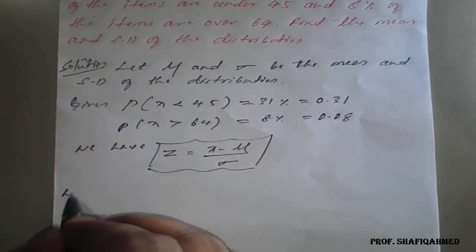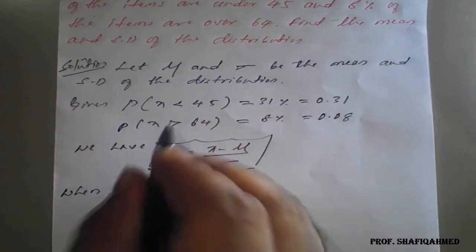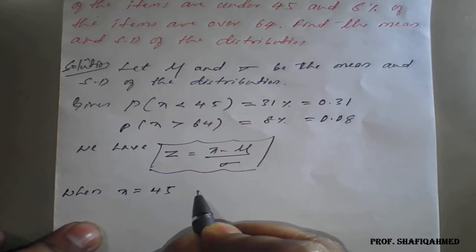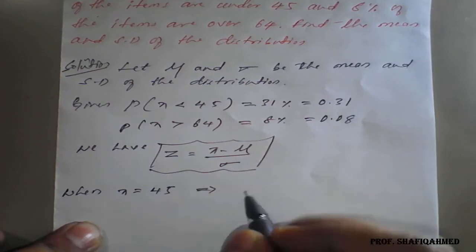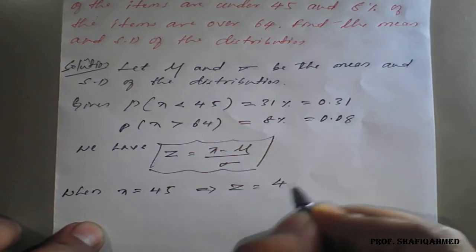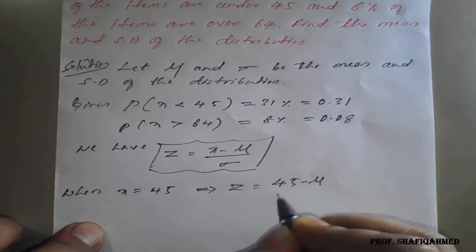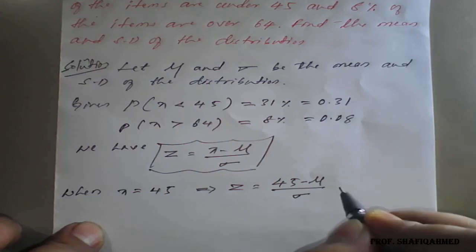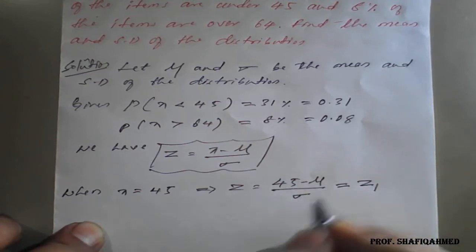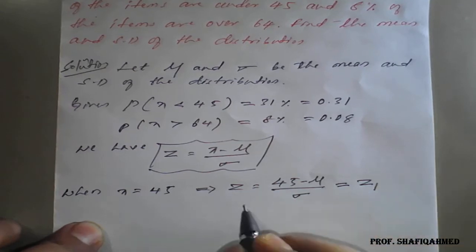When x is equal to 45, the z value will be z = (45 − μ)/σ, and I will consider this as z1.